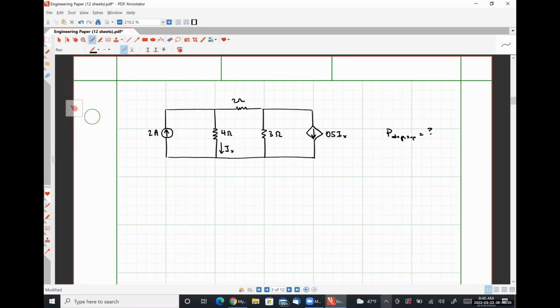All right, so step 4, meaning express your controlling variables in terms of your nodal voltages. Okay, so let's identify our nodes, but let's go through the full procedure here, right? So here's one node. Here is a second node.